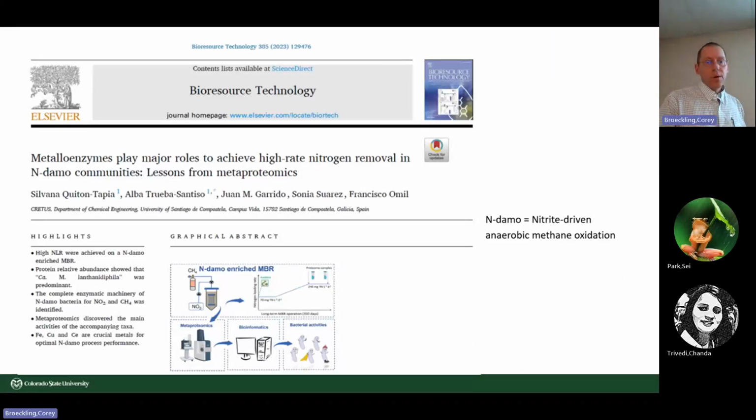And here's an example from a metaproteomics study where they're looking at these metaproteome samples to look at something called NDAMO, nitrate-driven anaerobic methane oxidation, and trying to infer which taxa are performing the biochemical reaction that they're most interested in. So they developed a sample set, quantified nitrate-driven anaerobic methane oxidation, and then associated the metaproteome data with it.